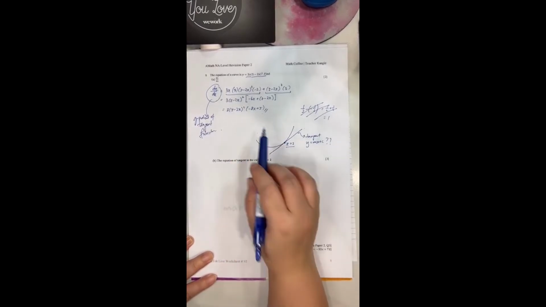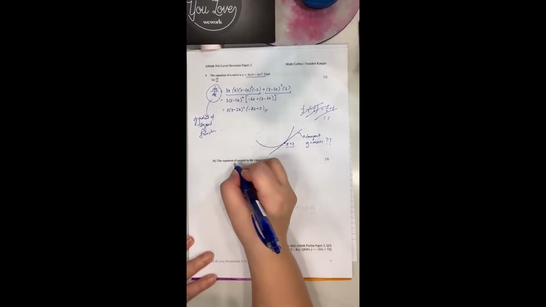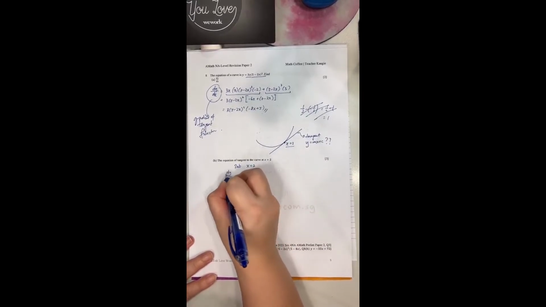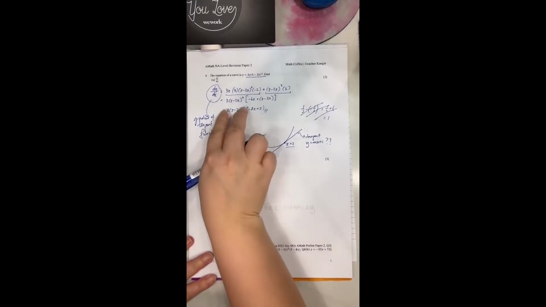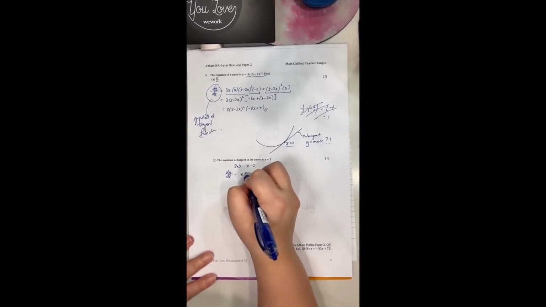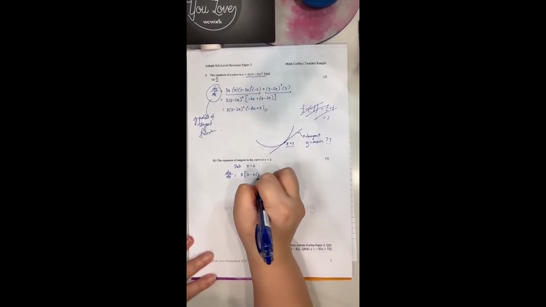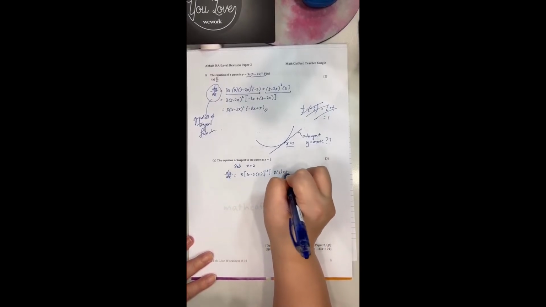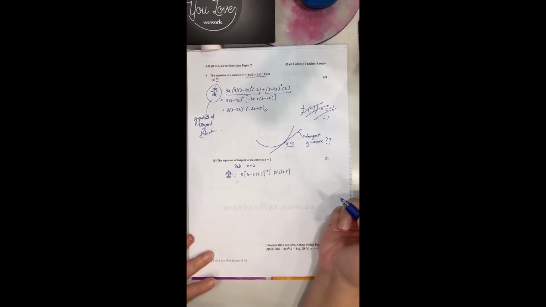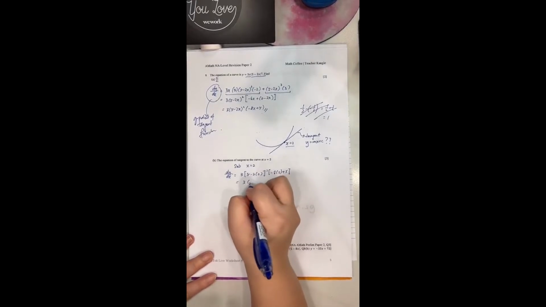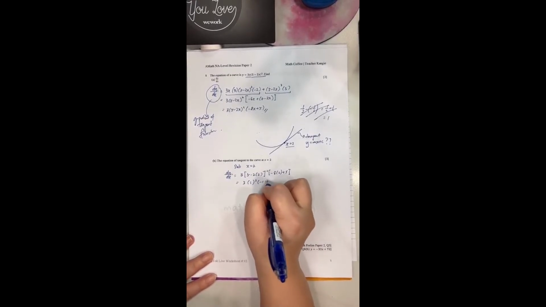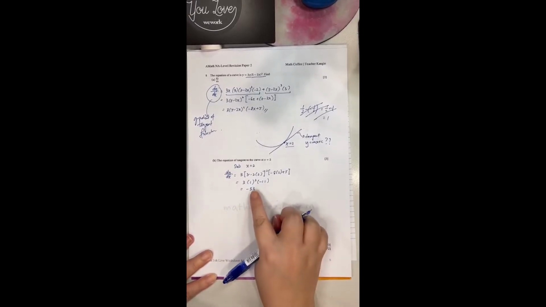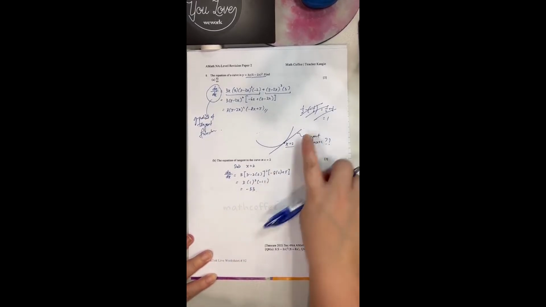So in order to find the gradient, I need to sub in x equals 2. So my dy/dx will be equal to 3(5 minus 2(2))^2 minus 8(2) plus 5. And we will have 3(1 square) minus 11, we get minus 33. So it means that the gradient of this tangent line is minus 33.